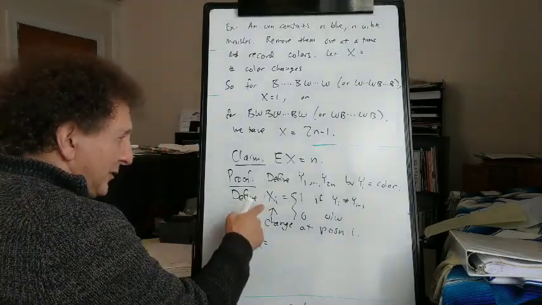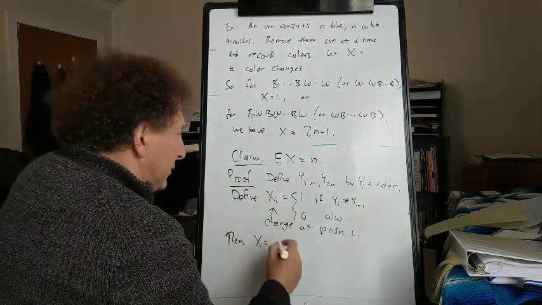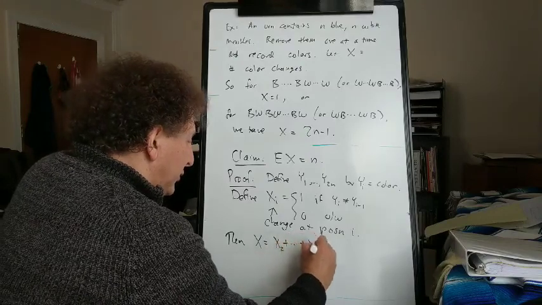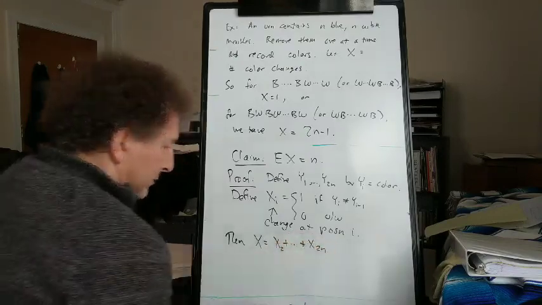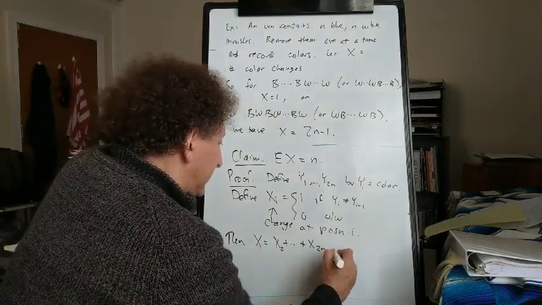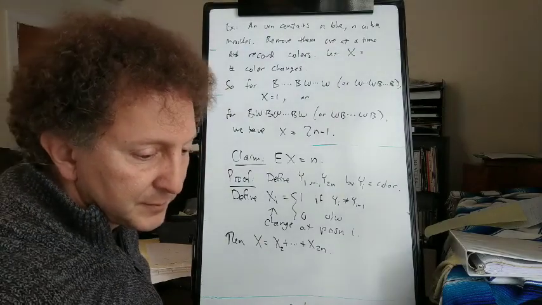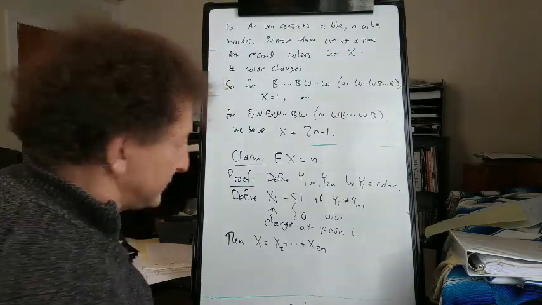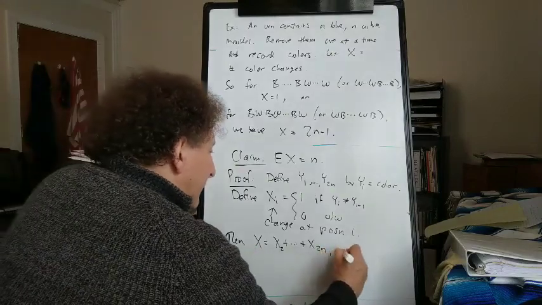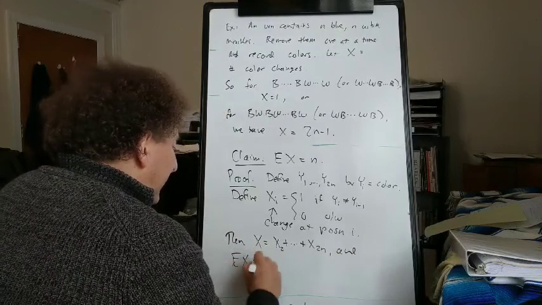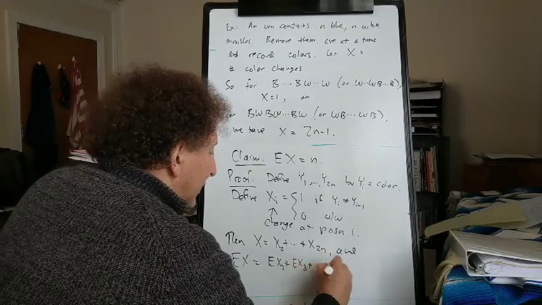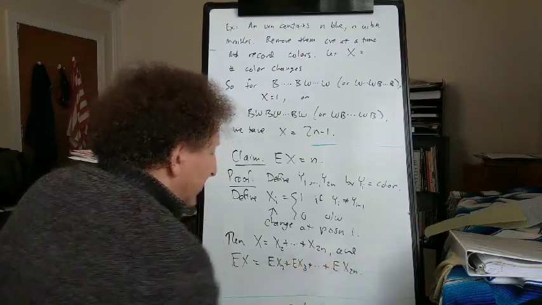Well, x1 is not defined because we don't have a previous color. So x is x2 summed up to x2n. All the places where we could have a change of color. So the expected value of x is the expected value of x2 plus the expected value of x3, etc., up to the expected value of x2n.